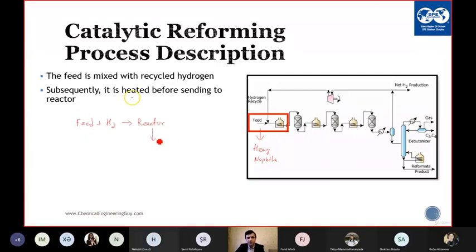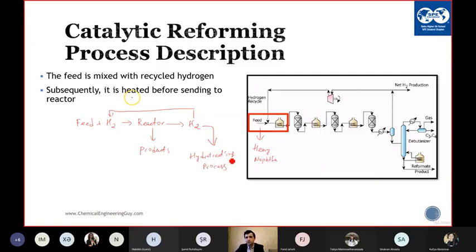And from the reactors, we have the products and H2. Some of this H2 is recycled back to the inlet, and the rest is sent to the hydrotreating process. This is the main process where we use the hydrogen: the hydrotreating process.